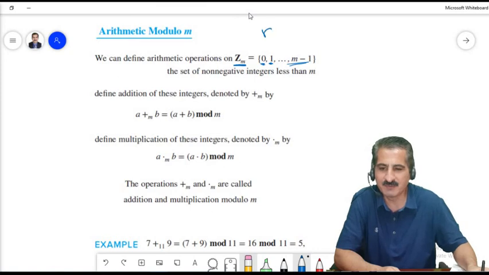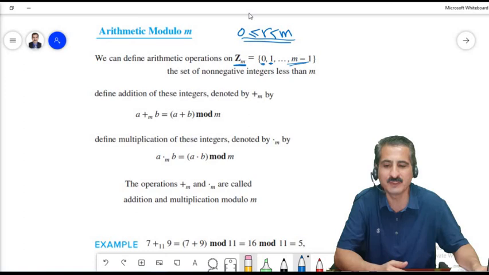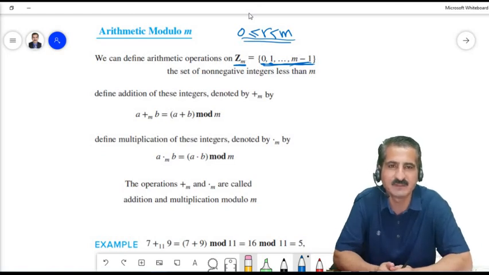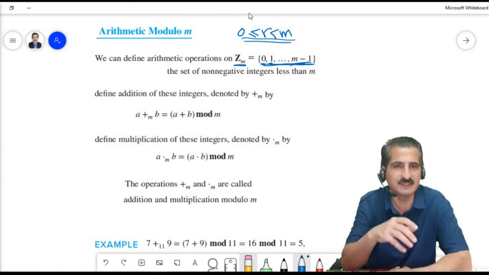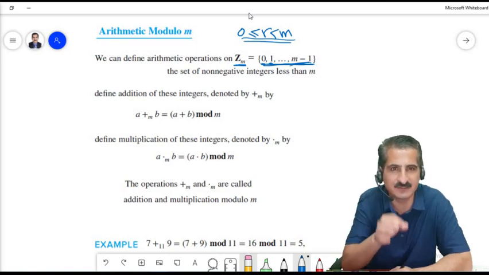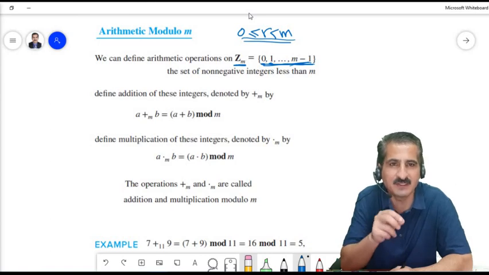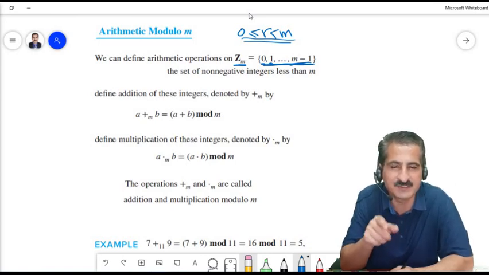The remainder can be 0, and it is an integer less than m. So the remainder is 0, 1, 2, 3, all the way to m minus 1. This is why we are choosing this set. It represents the remainder of dividing any integer by m. Take any integer, divide it by m, take the remainder, it will be there. That means any integer you take is congruent to one of these integers inside Z sub m.